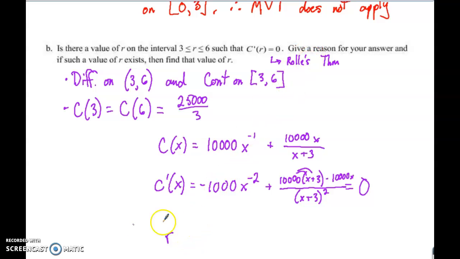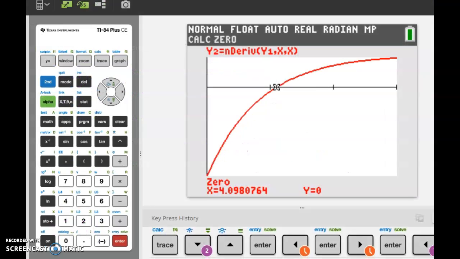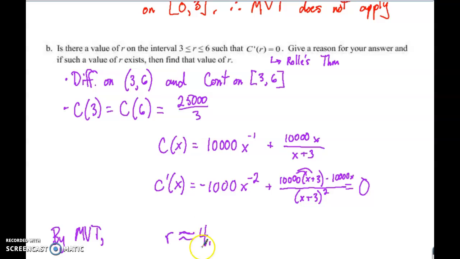So by Rolle's theorem or by the mean value theorem, that answer is yes, r exists, and that r value is about 4.098. There you go.